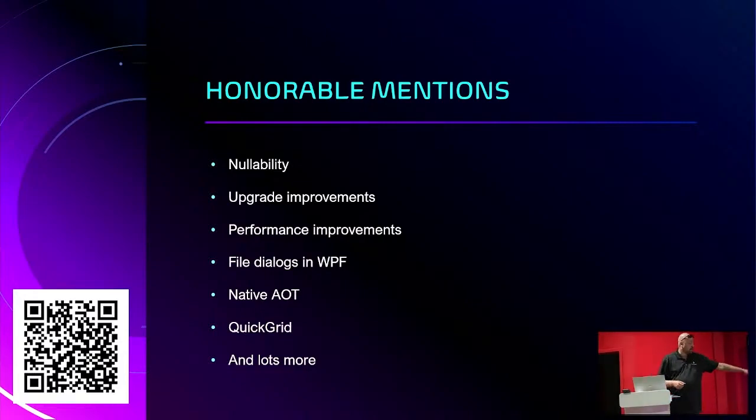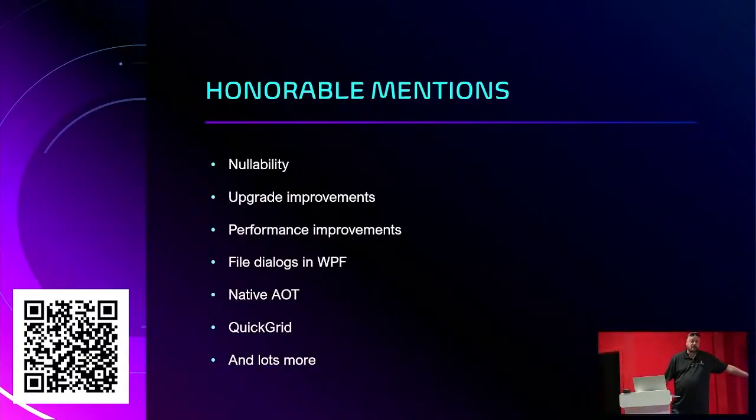All right. Performance improvements. Every version of .NET makes things faster. .NET 9 optimized the for loop. That's awesome. I mean, it's a tiny little thing, but we optimized the for loop. So, anyways, file dialogues in WPF are finally WPF file dialogues, not WinForms dialogues.